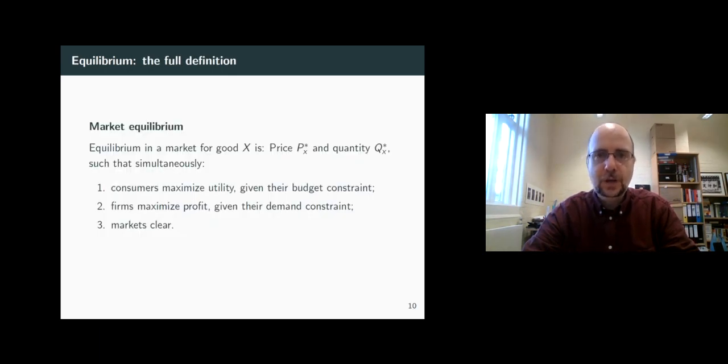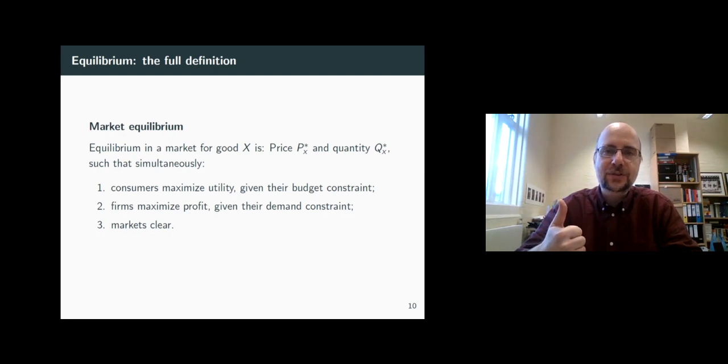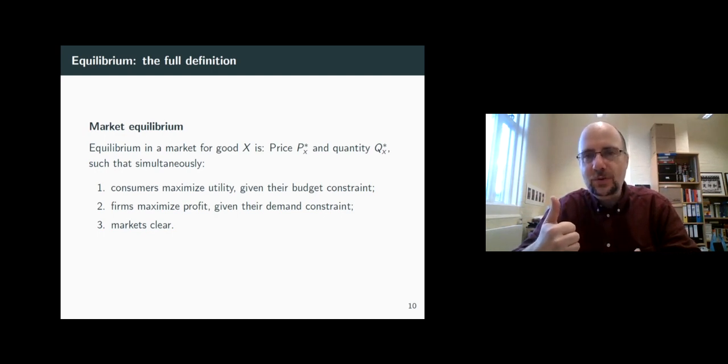We have a definition that accommodates all that. Let's see it. Equilibrium in a certain market for a good or a service X occurs when we can find the price P star and a quantity Q star which satisfy three important conditions at the same time. First, at this price, it's optimal for consumers to demand this quantity. In other words, we need consumers to maximize utility given their budget constraint, and as a result of this maximization process, we need them to arrive at the quantity Q star. Second, P star and Q star make firms maximize profits given their own demand constraint.